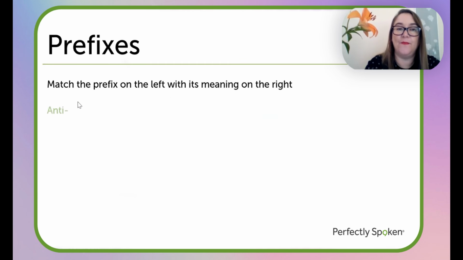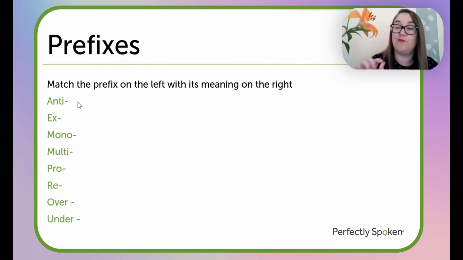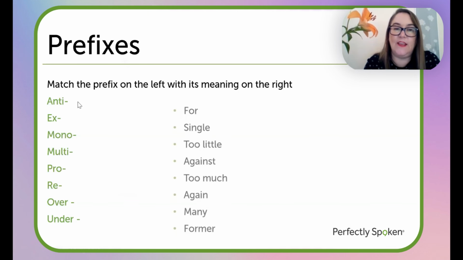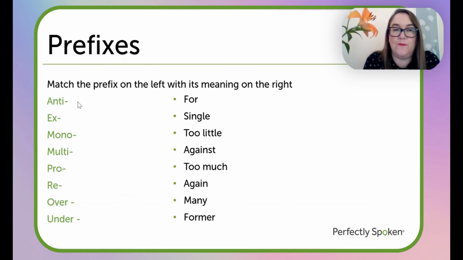Okay, well, here we have on the left in the green some very common prefixes in English. We've got anti, ex, mono, multi, pro, re, over and under. Very common prefixes. Let's think about what they mean.